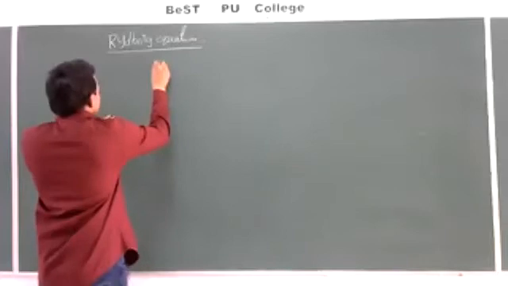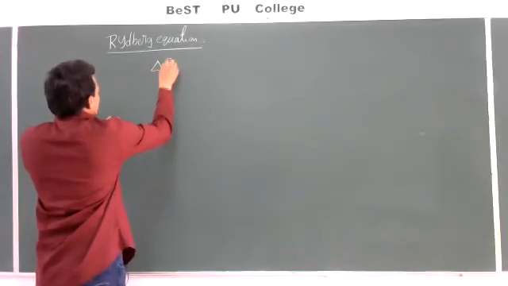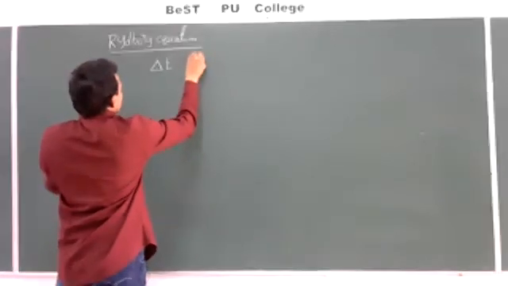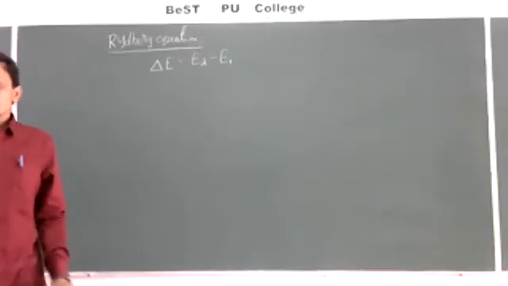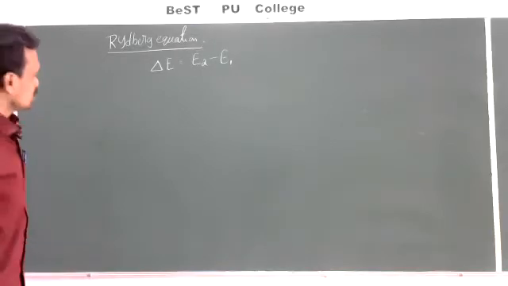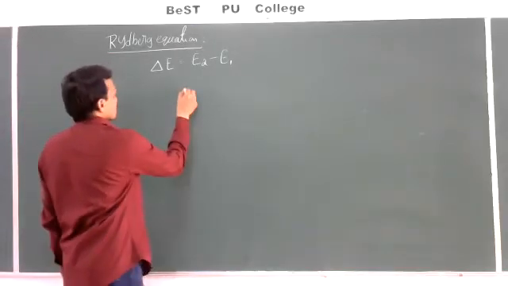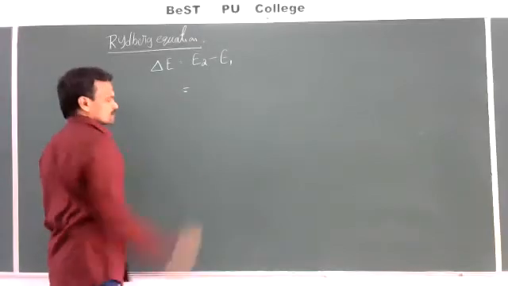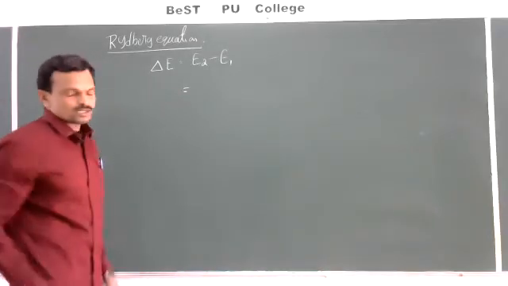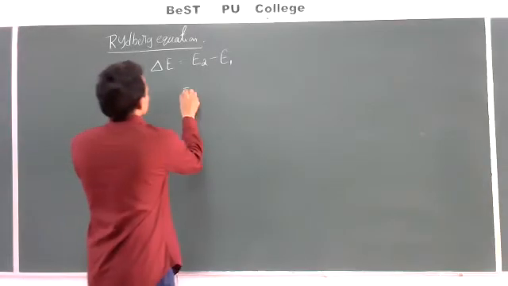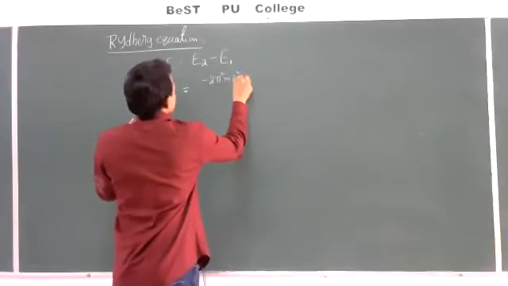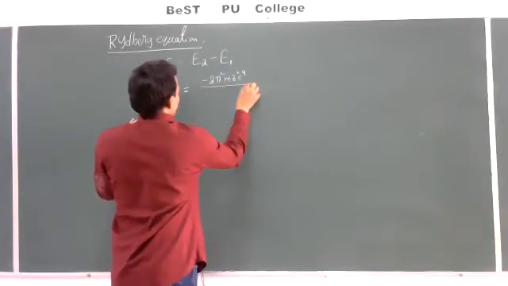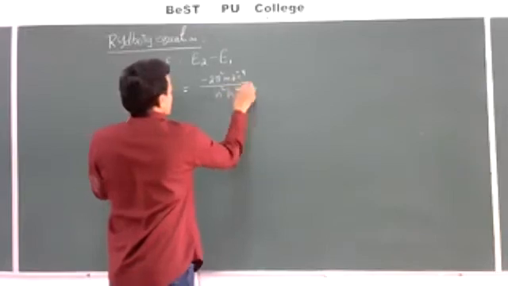Okay, right. So as you know, delta E is equal to E2 minus E1. What is the expression for the energy of the orbit? The energy of the orbit is minus 2 pi square m Z square e power 4 by n square h square.